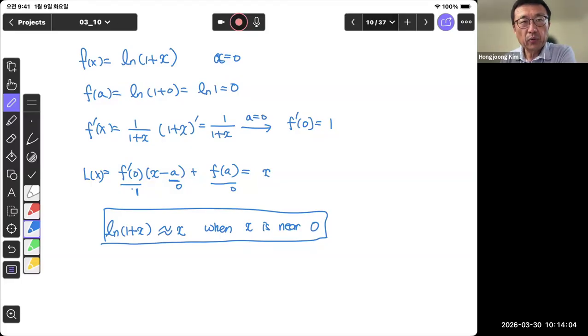And as I said, this approximation of ln(1 plus x) by x is reasonable when your x is near the original a value 0. But if x is far from 0, that approximation may not be meaningful. Anyway, that is one example of a linearization. Do you have any questions?